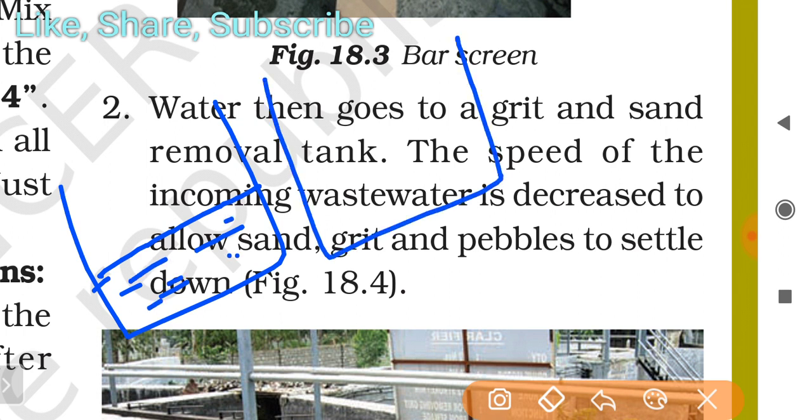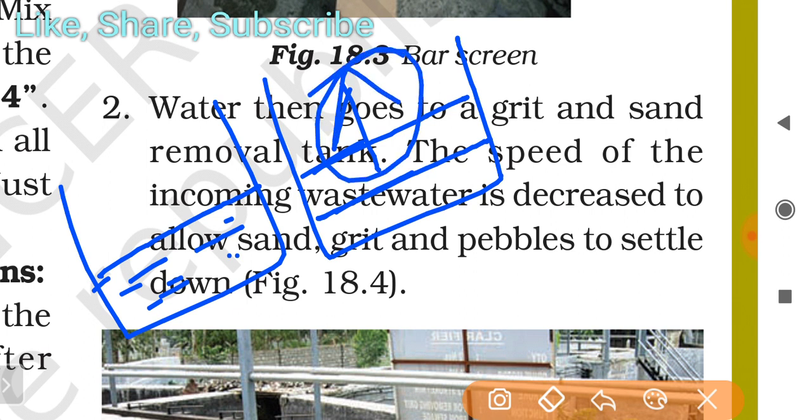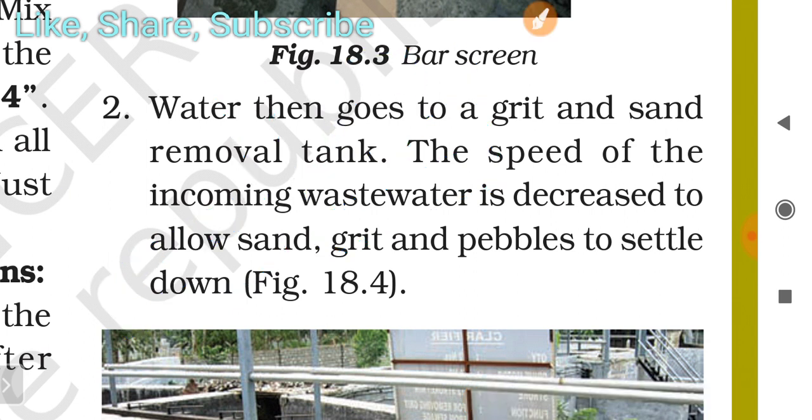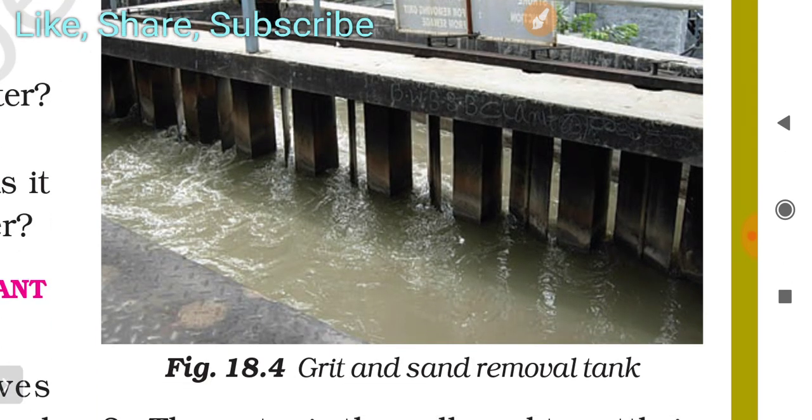After some time, you will see the sand settled down in this water, and the pure water will be on the upper side. The same thing is done here: the speed of incoming wastewater is decreased to allow sand, dirt and pebbles to settle down. So this is the grit and sand removal tank.